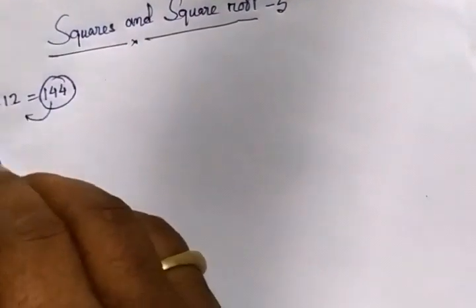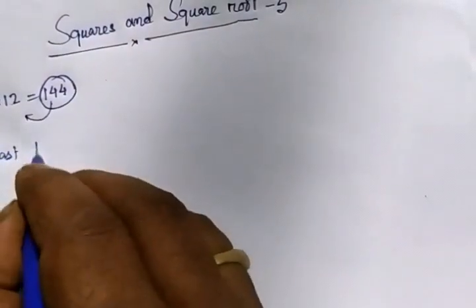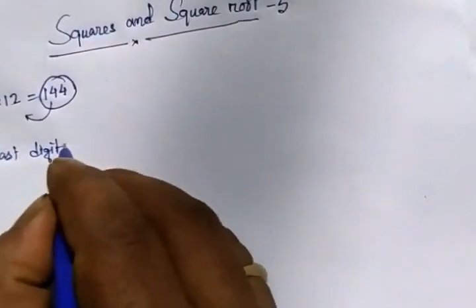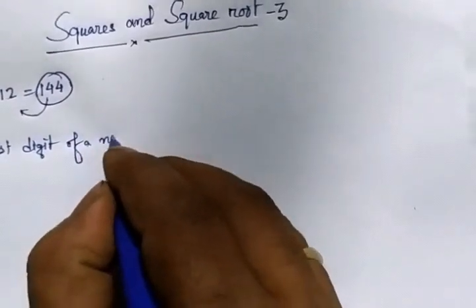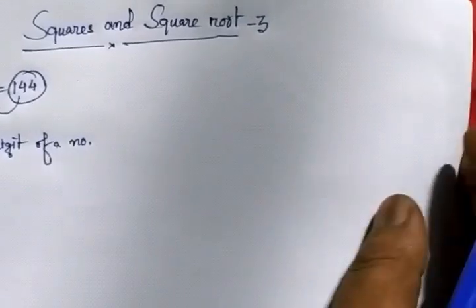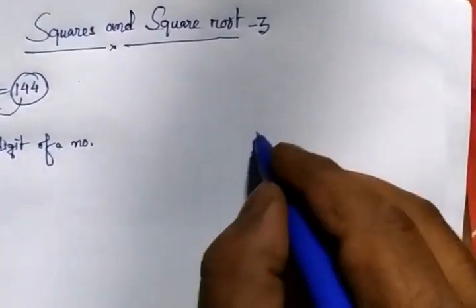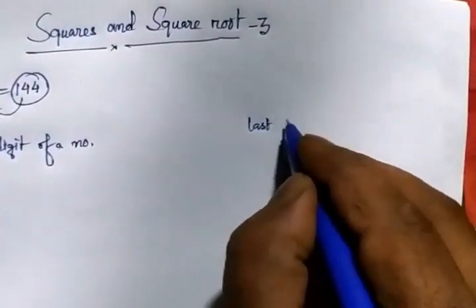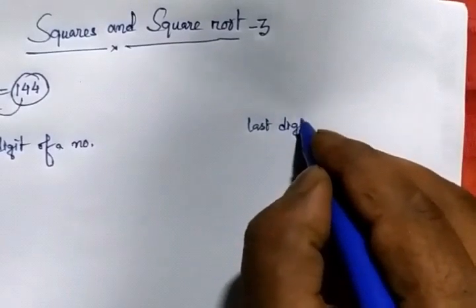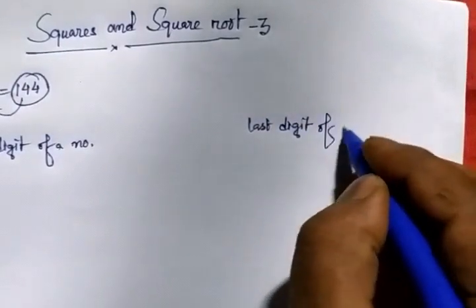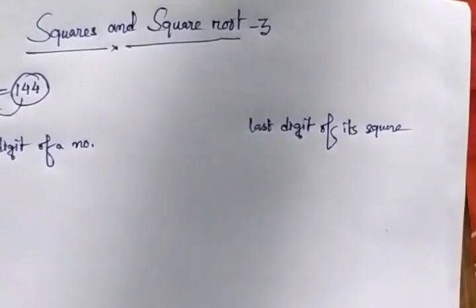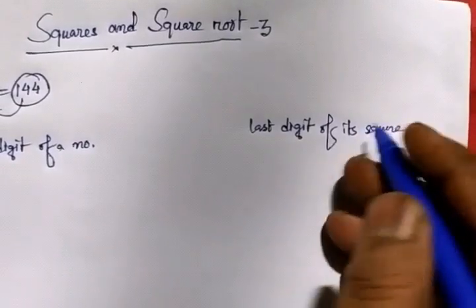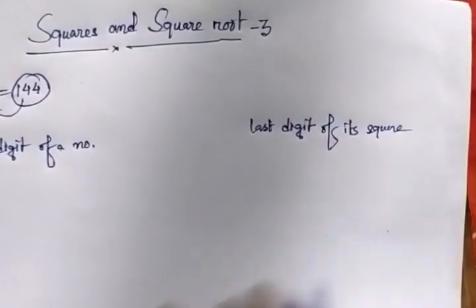So first we see all the possibilities: the last digit of a number and the last digit, or unit digit, of its square.